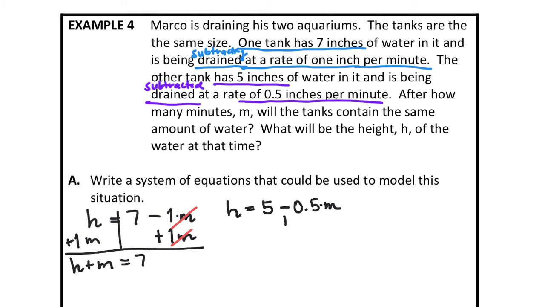So I'm going to add 0.5 M to both sides, cancel here, and over here I'm going to have H plus 0.5 M equals 5.